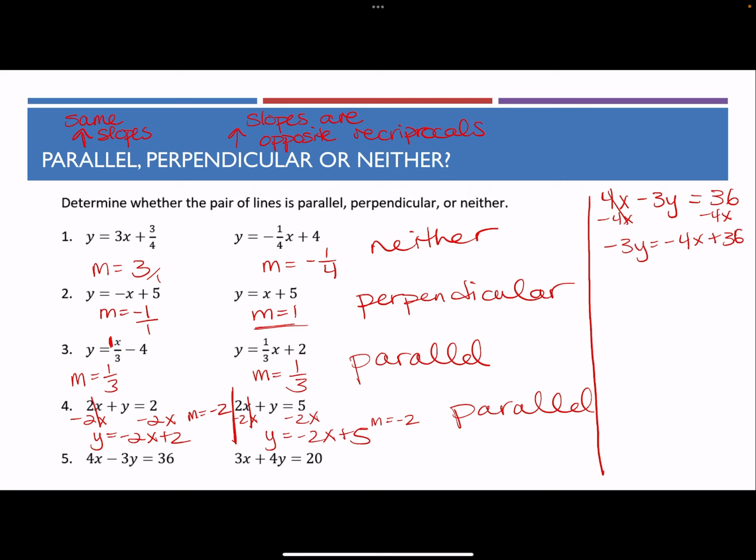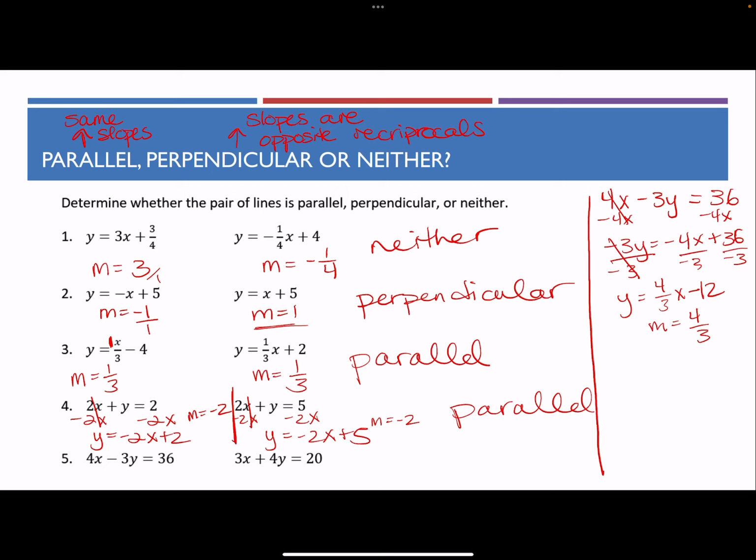And then to get y by itself, divide by negative 3. And you have y is equal to positive, because a negative over negative is a positive, 4 over 3x minus 12. Right? So the slope of this line is 4 over 3.